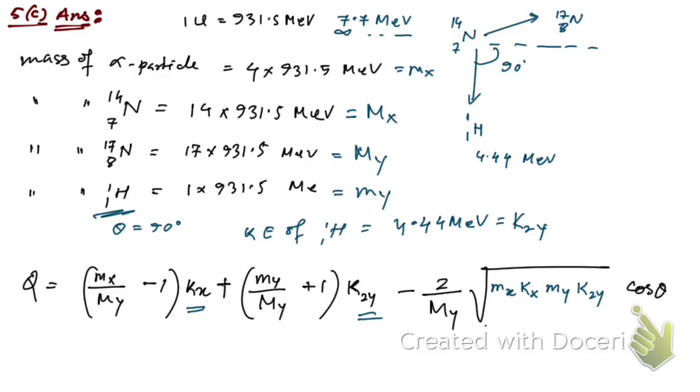Here you see, putting the values in, we get 4 into 931.5 by 17 into 931.5 minus 1, where Kx is 7.7 MeV.